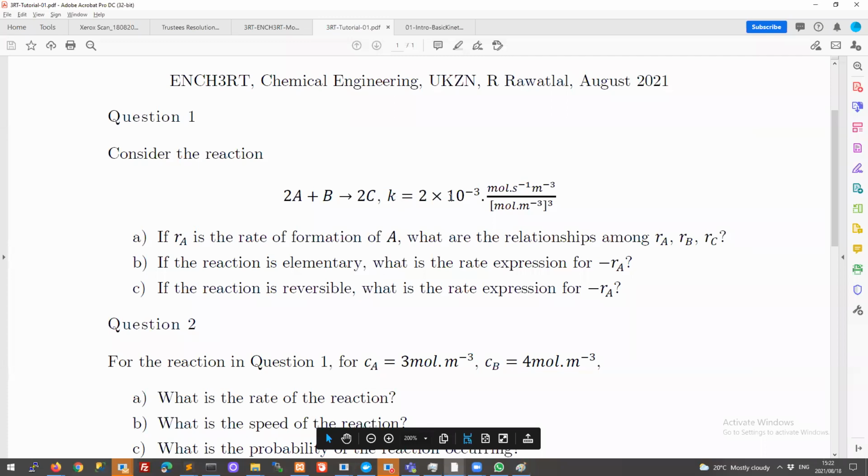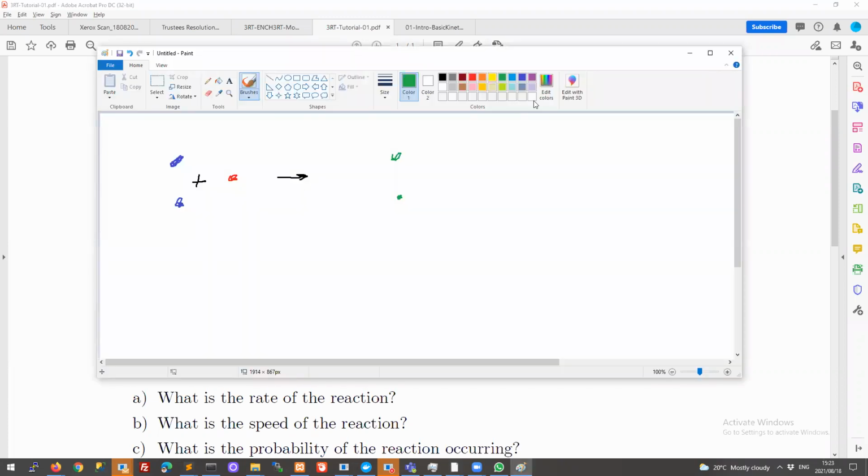If you look at the question, it gives us the reaction equation, and it gives us this kinetic rate constant. So we can think, well, it looks like there is some time influence here, but how is this a speed? What do we mean by the speed of this reaction?